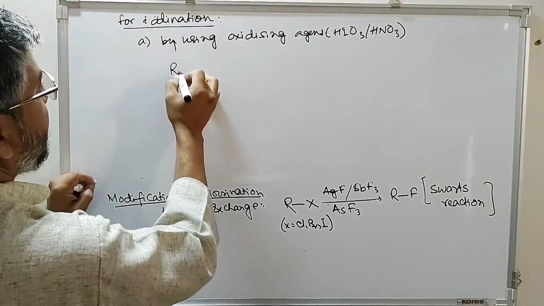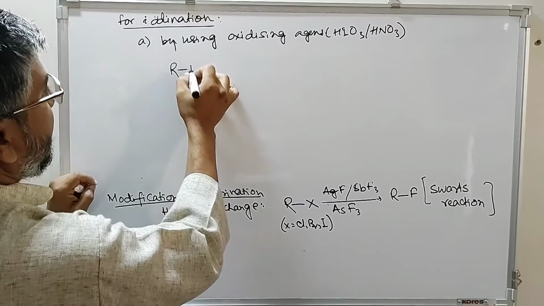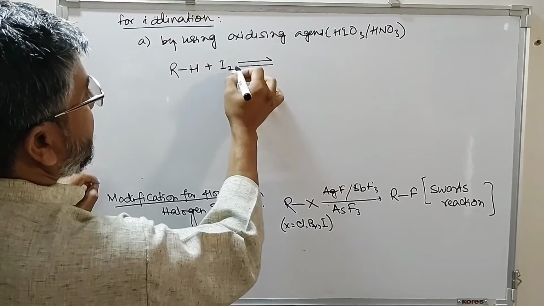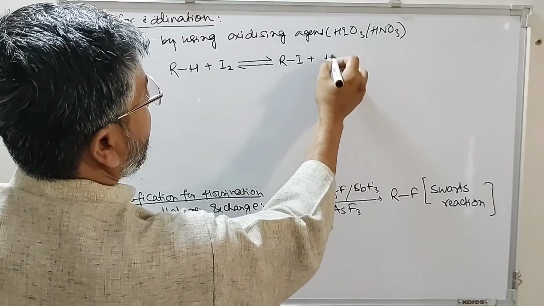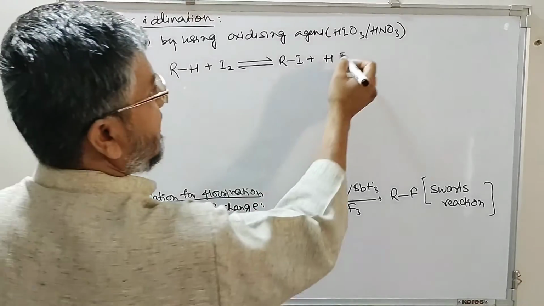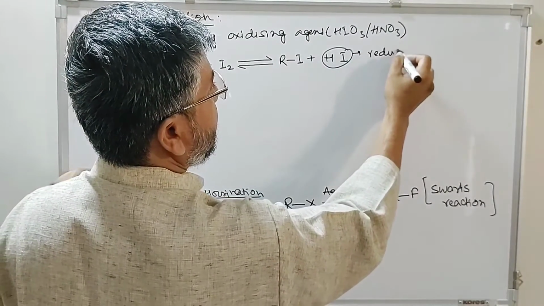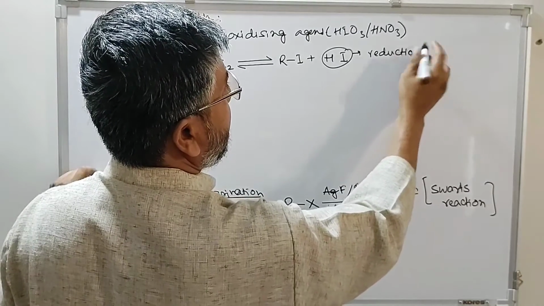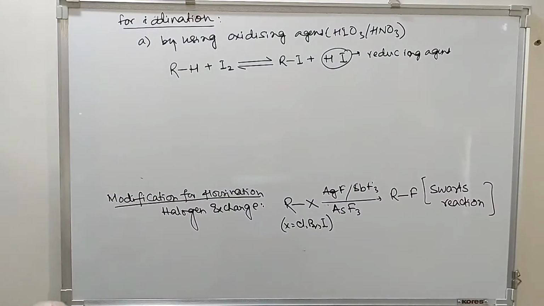So look at this. As I told you, RH plus I2, the reaction is slow and reversible, when this gives RI plus HI. Now if you look at this reaction, HI is a powerful reducing agent. And the reaction is in equilibrium.